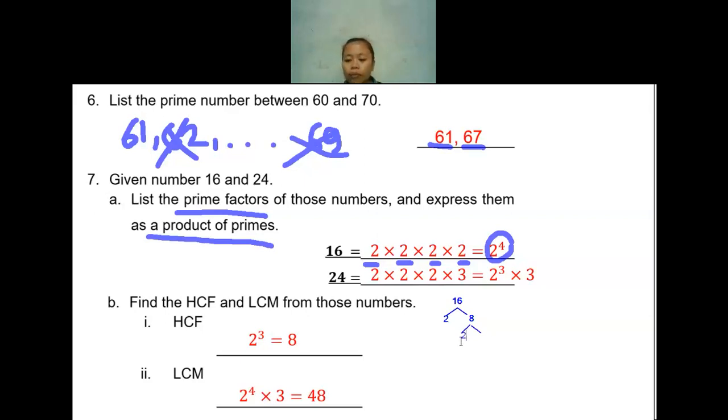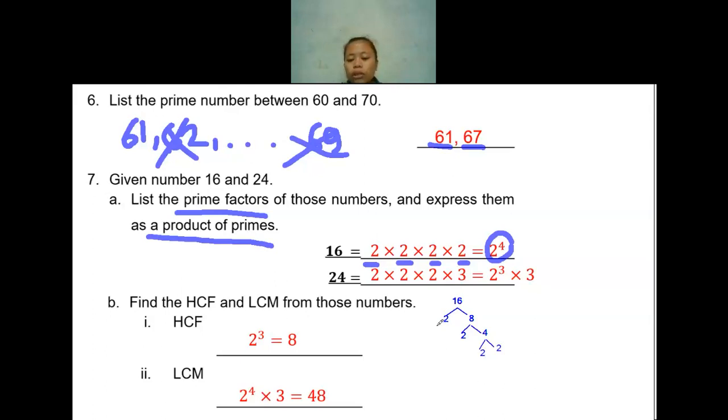And then the number 4 is not a prime number. We need to break down again into 2 times 2. This is the factor tree that we have. So all of the numbers at the end of the branches are already prime numbers. Let us count how many prime numbers there are.